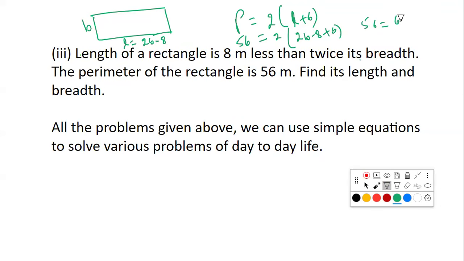So 2 into 3 is 6B, and 2 into 8 is 16. Like this you can start writing the equations and solving them. So 6B is 72. So you get your B value, which is 12, and the length is 16.